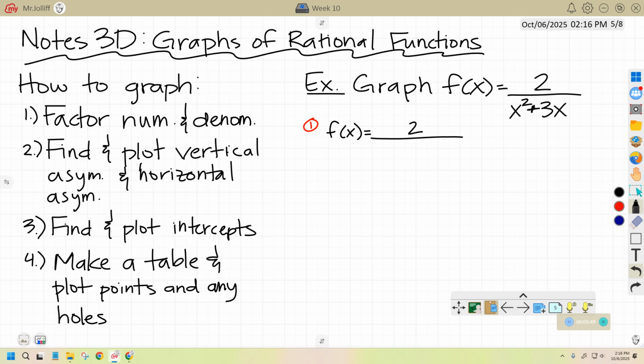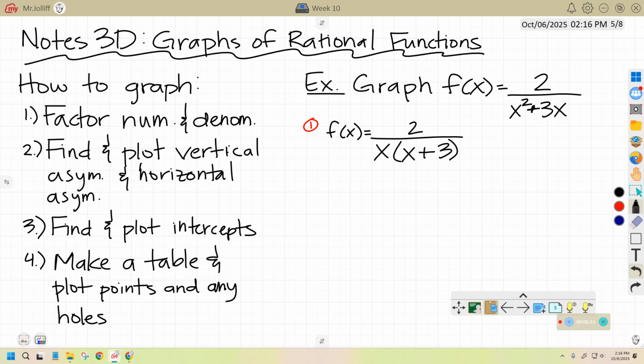Factor out an x, yeah. Both those terms have an x in common. So x squared divided by x is x. 3x divided by x is 3. So x times x plus 3. You multiply that out, you distribute, get back to where you started.